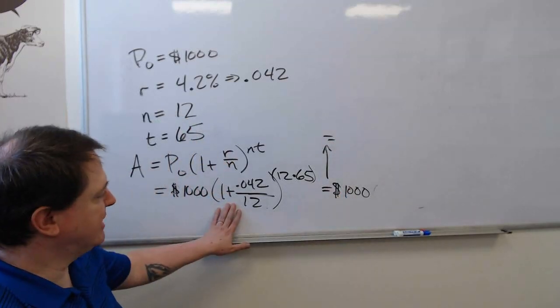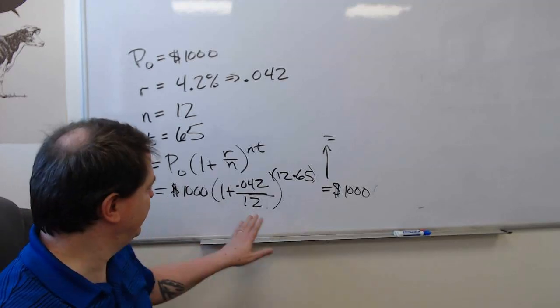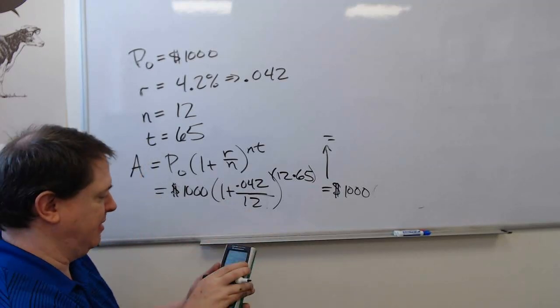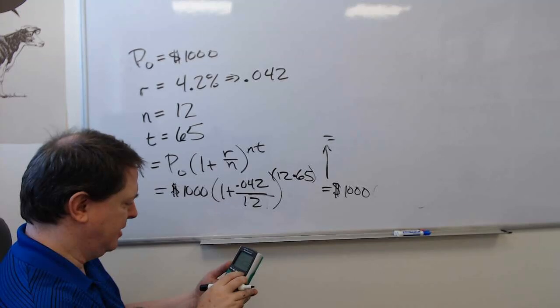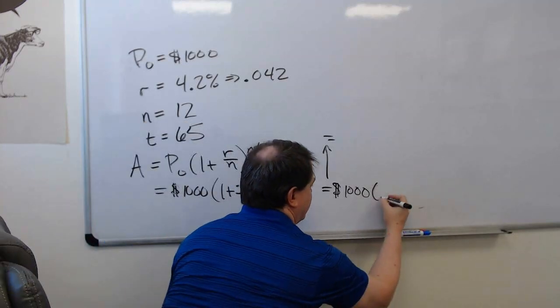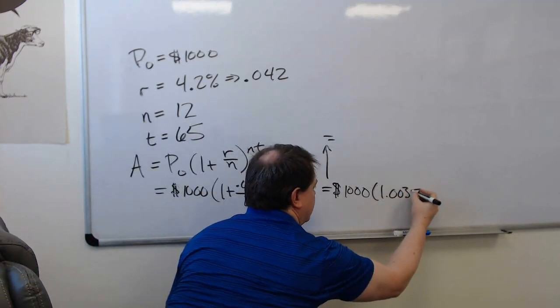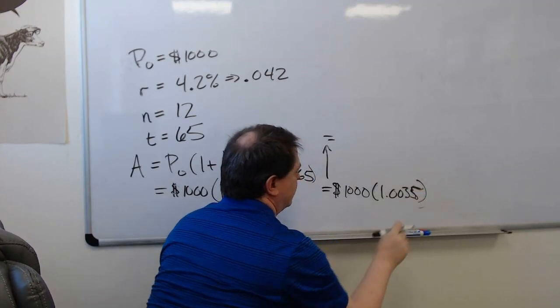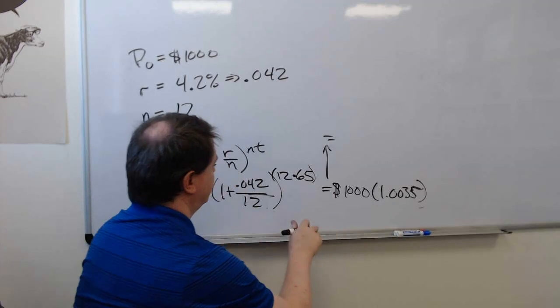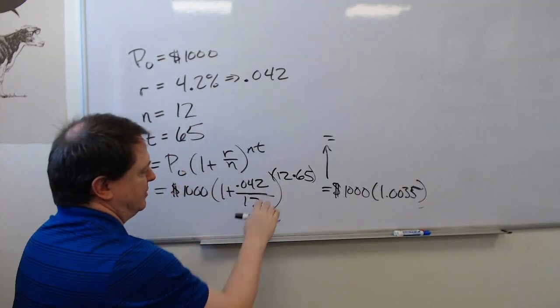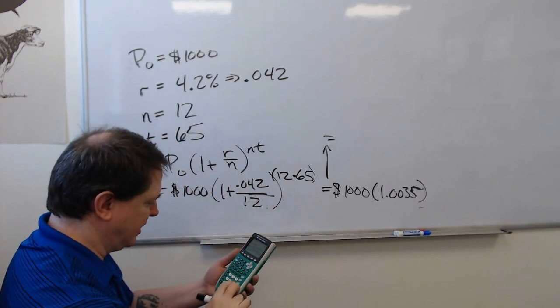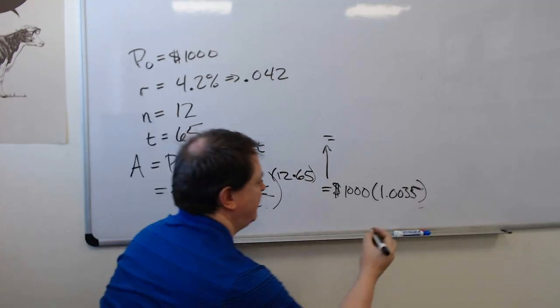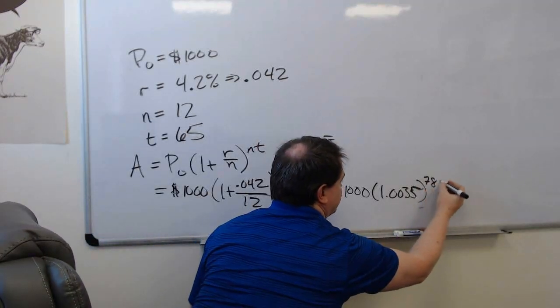So this inside part is going to end up giving us the same number because it is the same calculation, and that was 1.0035. This upper part is the only thing that really changes here. 12 times 65 gets me 780 times that interest was applied.